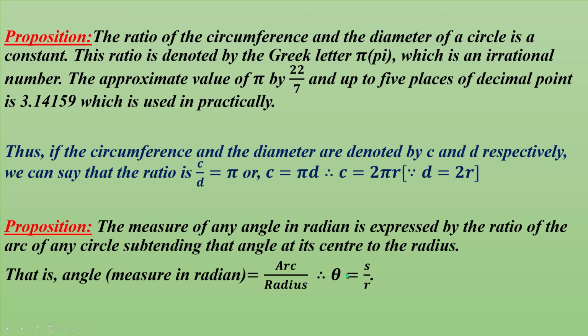Angle is equal to theta. This is equal to s divided by r. That means the angle at the center is produced by the arc, divided by the radius. Or s is equal to r theta, we can also write.